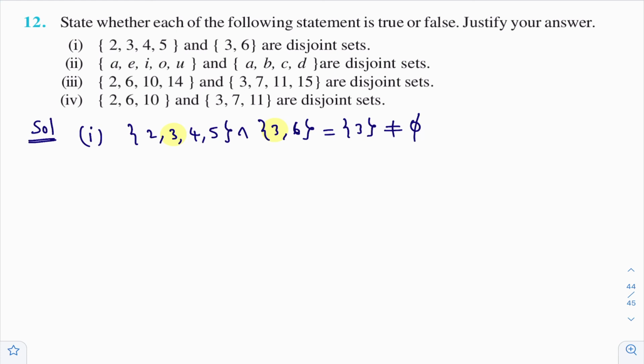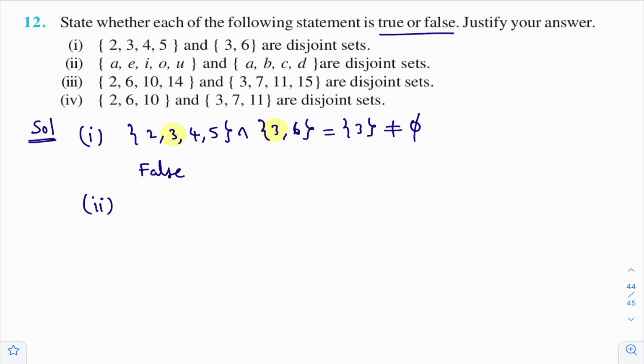No, this is a singleton set containing one element. As the intersection is not a null set, the given statement is false. They are saying they are disjoint, but actually they are not disjoint. The given statement is false.